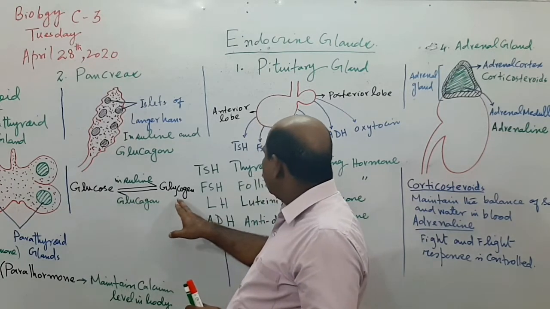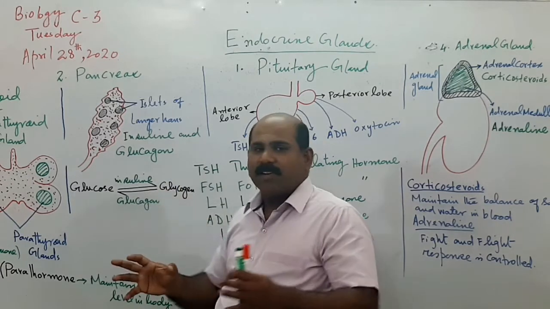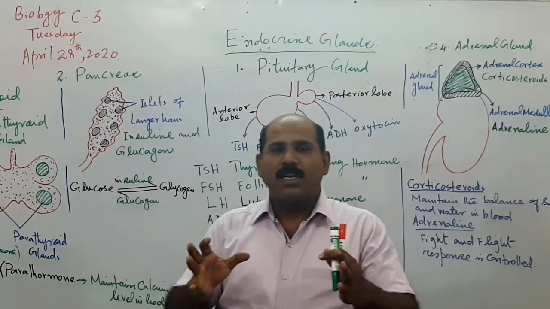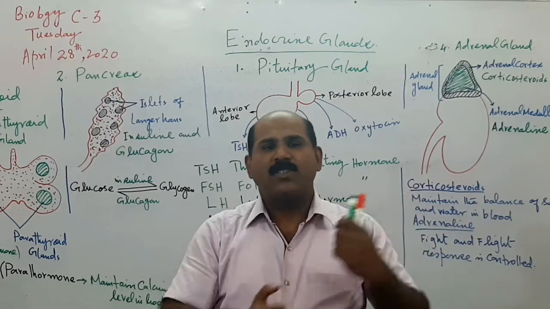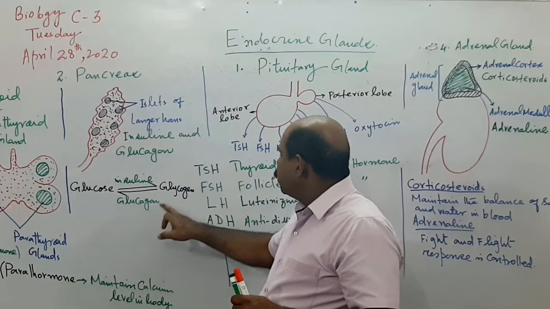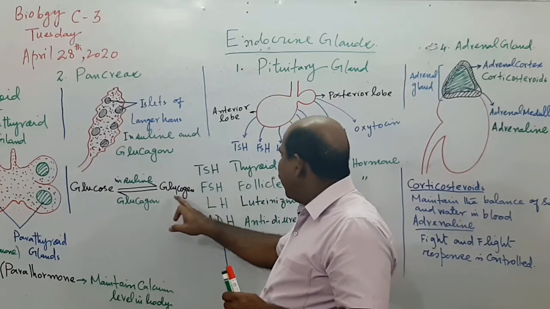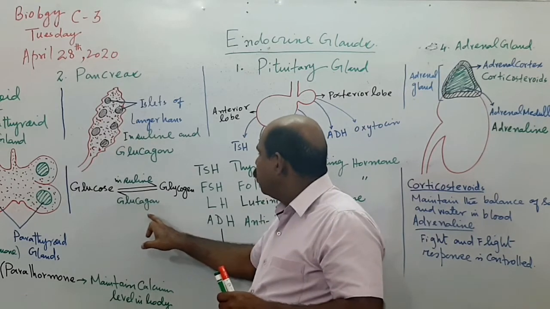Glucose is converted to glycogen with the help of insulin, and when there is a lesser amount of glucose in the body, then glycogen is converted back to glucose. That is done by glucagon.